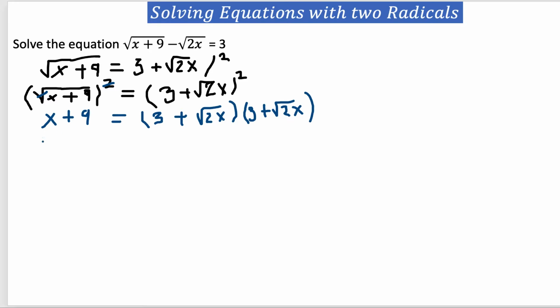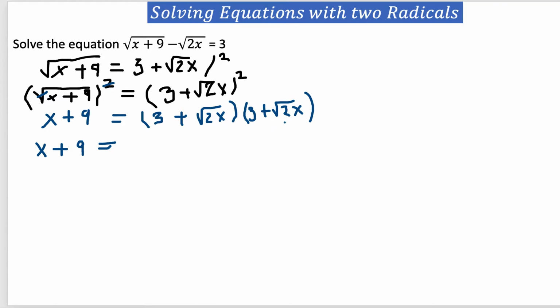So here, let's say I write x plus 9 because we cannot do anything else right now. But on the other side, we are distributing those binomials. We are multiplying, so what's going to happen? 3 times 3 is 9. 3 times square root of 2x is 3 times square root of 2x. Then I'm multiplying square root of 2x times 3 and square root of 2x times square root of 2x.